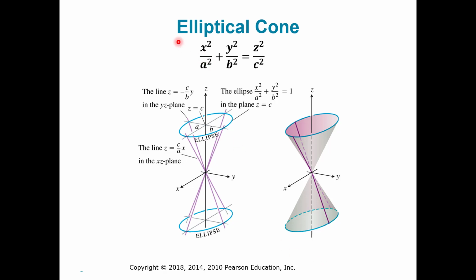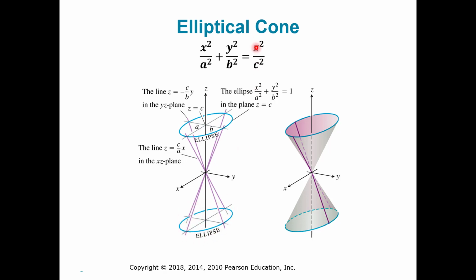The next one is an elliptical cone. So the equation here, x squared over a number squared plus y squared over a number squared equals z squared over a number squared. So for this one, you have your x squared plus y squared, which would form an ellipse in the xy plane, which is here, this blue ellipse. But then also down here, this blue ellipse.